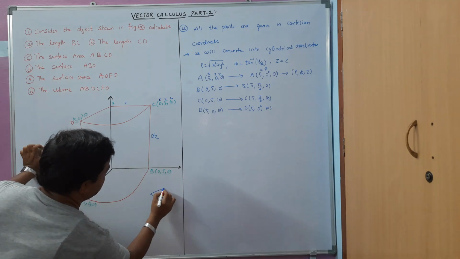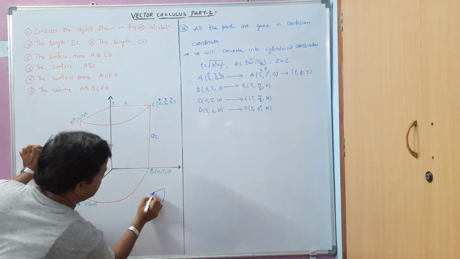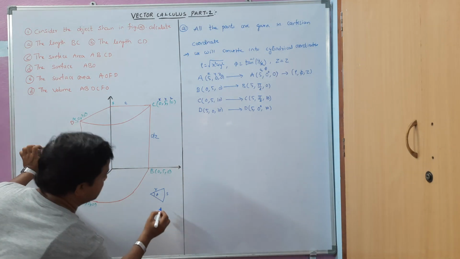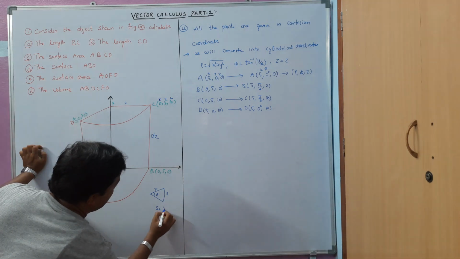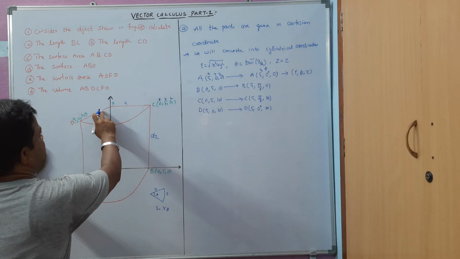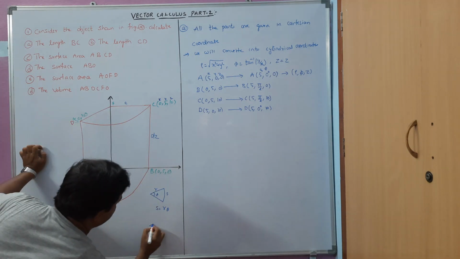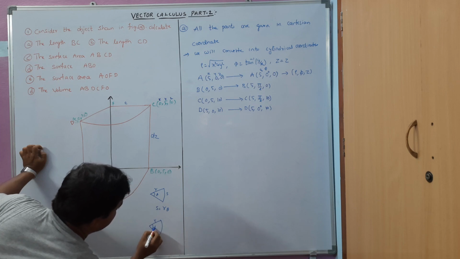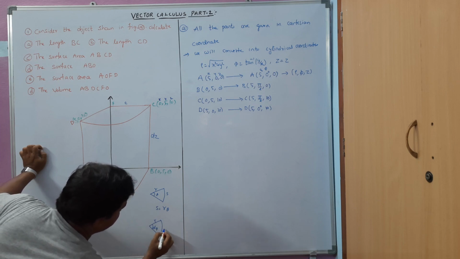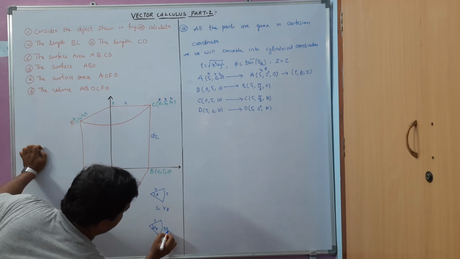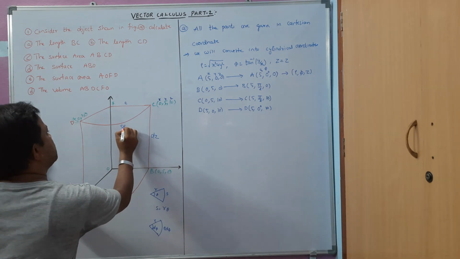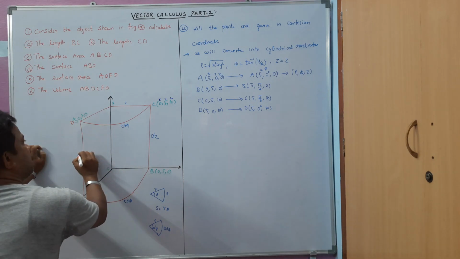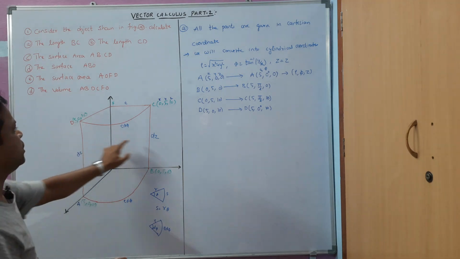As we know, to calculate the arc of a sector, if theta is the angle, r is the radius and s is the arc of the sector, then s will be r into theta. So let us take r d theta. We have rho as the radius and d phi as the angle, so this arc will be rho d phi. And this will also be rho d phi, and this will also be dz. So these two sides are parallel.